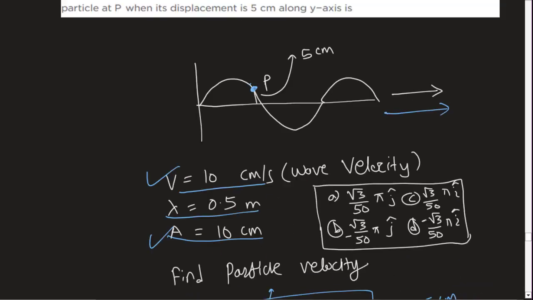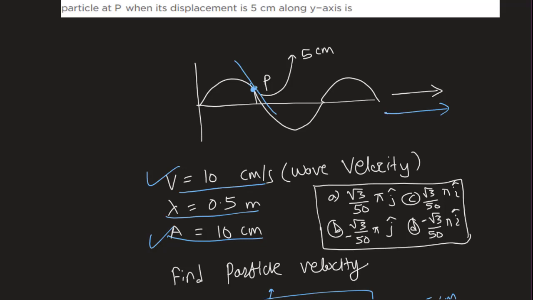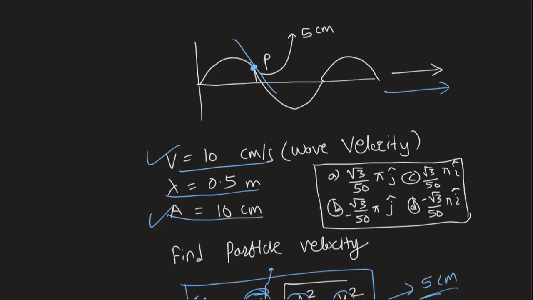Okay, let us find out that one. The particle is over here, so if you take the slope for this particle, this will be the slope, and you can see that this particular slope is a negative slope. And the reason why it is negative is because second half of this line is going in the negative direction. Okay, that's why this is a negative slope.